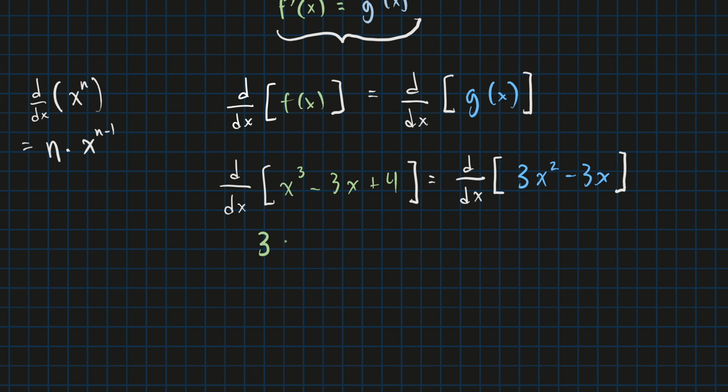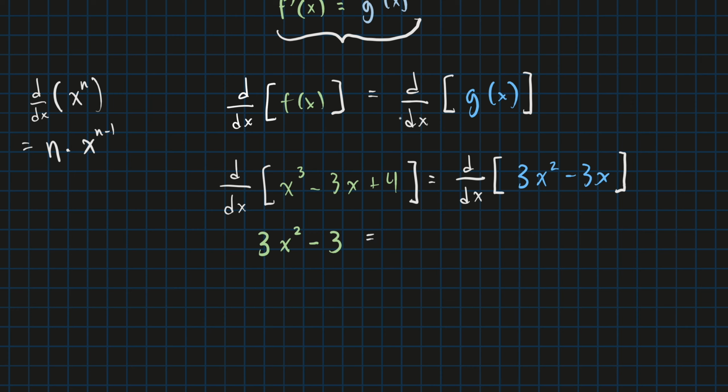You're going to put the 3 out here, decrement the exponent, and you'll get x squared. For 3x over here, if you decrement x to the 1, you'll just get x to the 0, which is 1. So you'll get negative 3. The derivative of a constant is always 0. You can also think about why that works with the power rule.